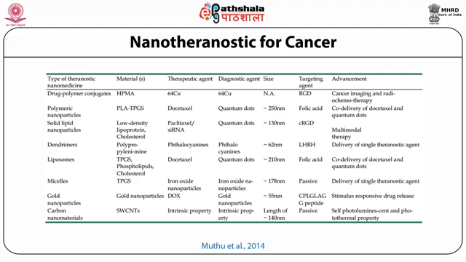Both have been used for the co-delivery of the chemotherapeutic agents and the quantum dots. The fourth example includes the dendrimers. In that, polypropylene imine dendrimers have been used to deliver the therapeutic agent phthalocyanine with the targeting agent LHRH for the delivery of a single theranostic agent.